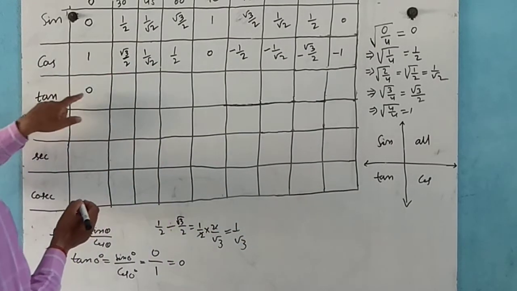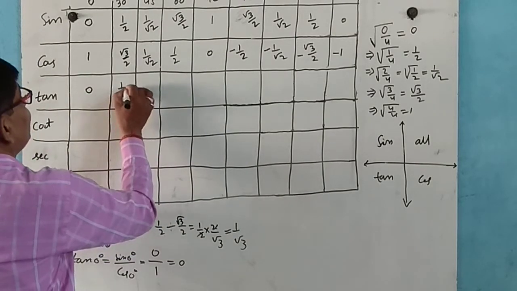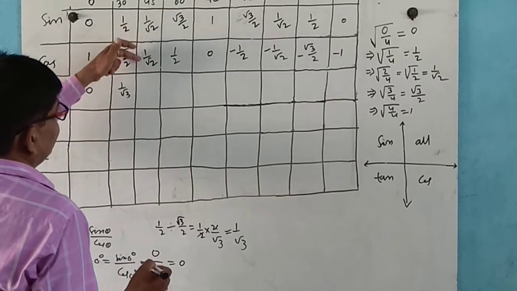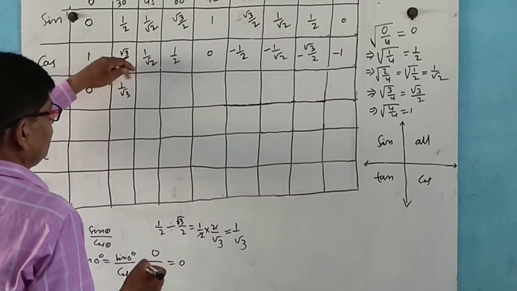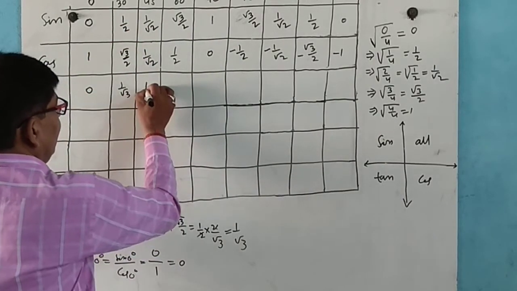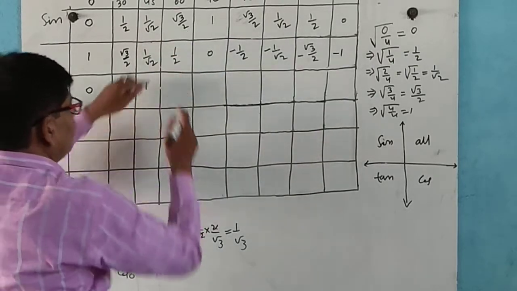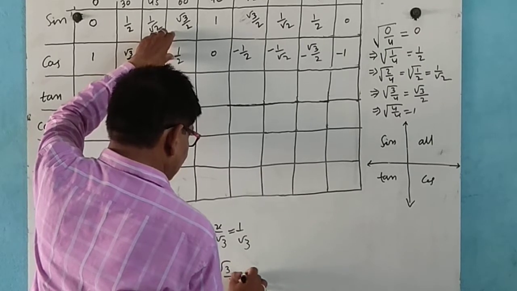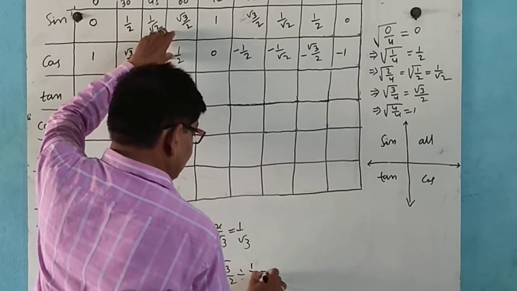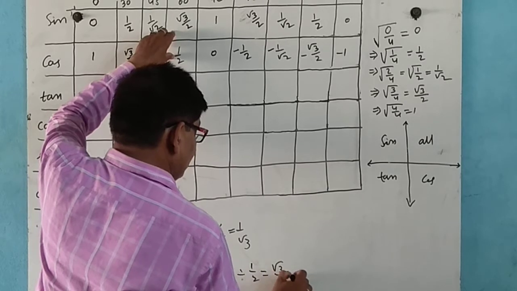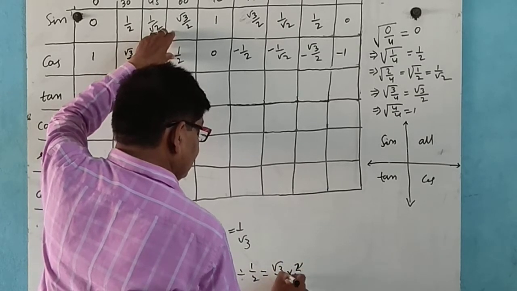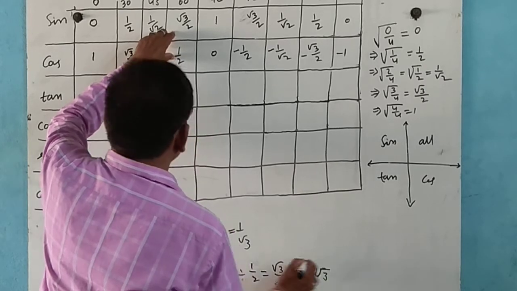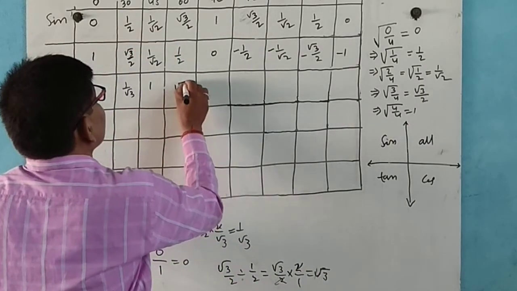Here tan 0 is 0, tan 30 degree is 1 by root 3. For 45 degree, this divided by this, cancel, 1. And root 3 by 2 divided by 1 by 2, it means root 3 by 2 into 2 by 1, this cancels, this becomes root 3.